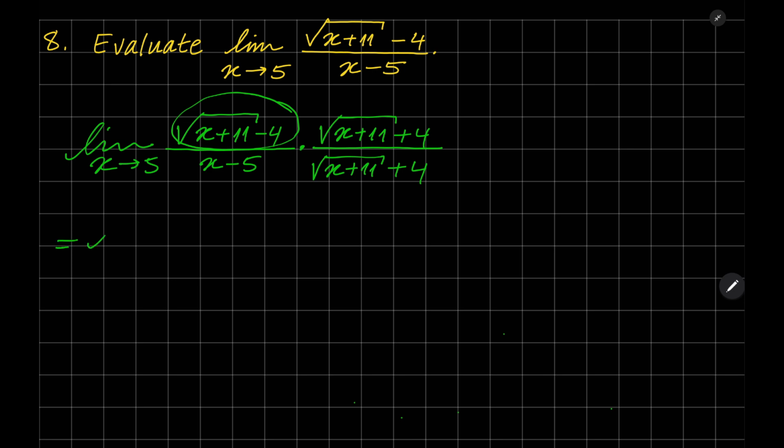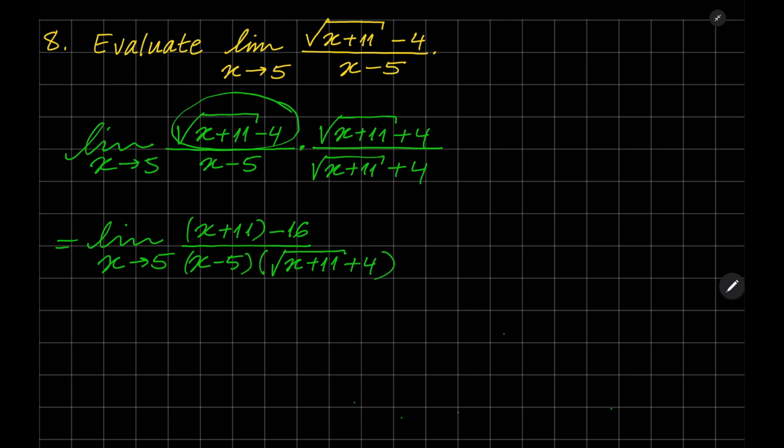Then it's equal to limit as x approaches to 5, x plus 11 minus 16 divided by x minus 5 times root x plus 11 plus 4.